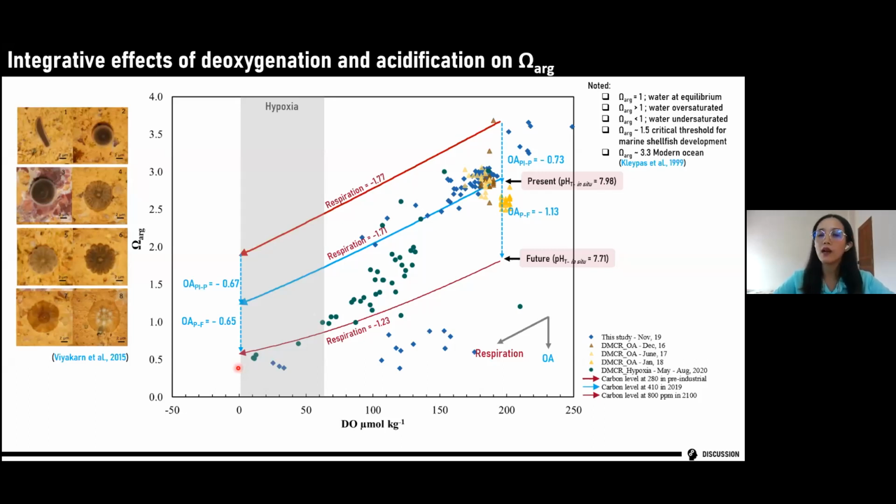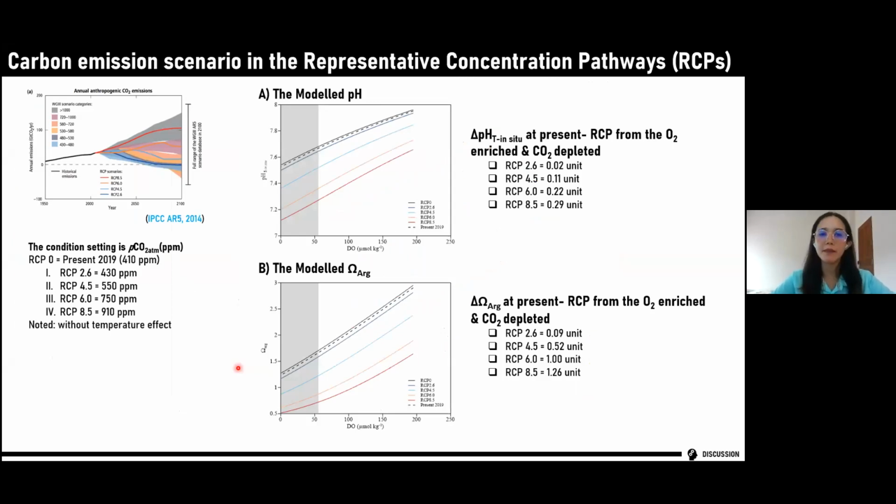Does it mean the coral possibly cannot build their skeleton because of the decline of the aragonite together with the pH value? And here, a representative concentration pathway, RCP, is the greenhouse gas concentration trajectory adopted by the IPCC.